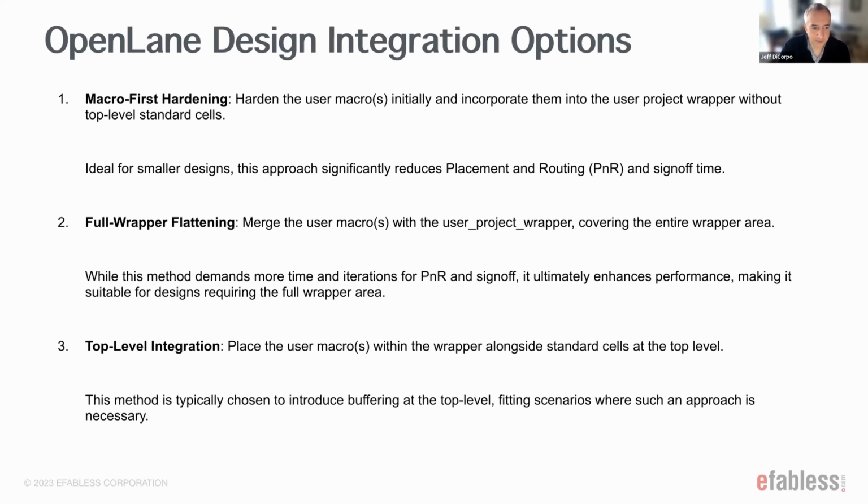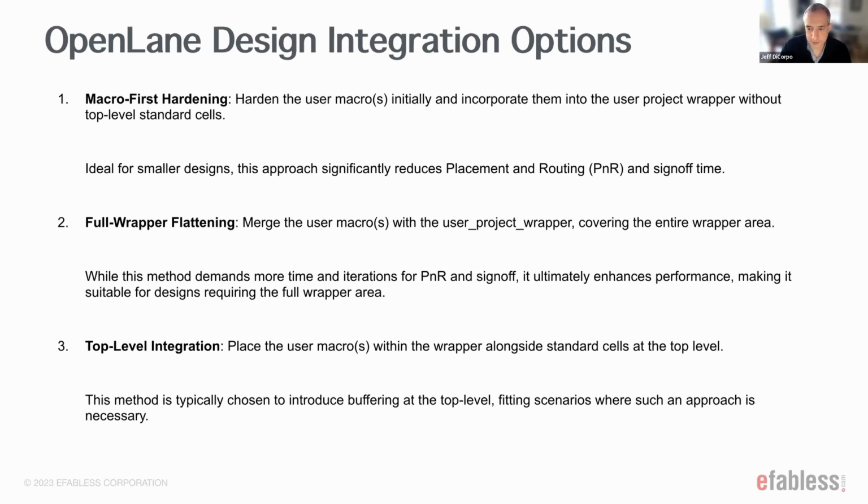The second one is what we call full wrapper flattening. This is basically where you merge all of your digital logic and implement that at one level, at the top, at the user project wrapper, which covers the entire area. One of the challenges with this is that you're filling the entire space of the project area, so everything takes more time.